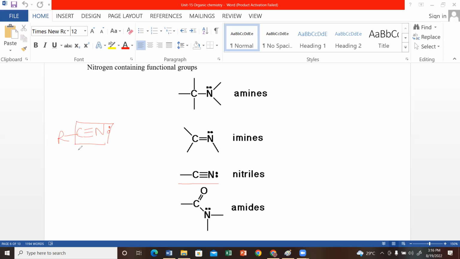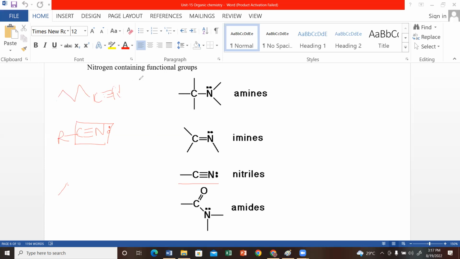Let us do some examples of nitrile. If it is like this, carbon triple bond with nitrogen.